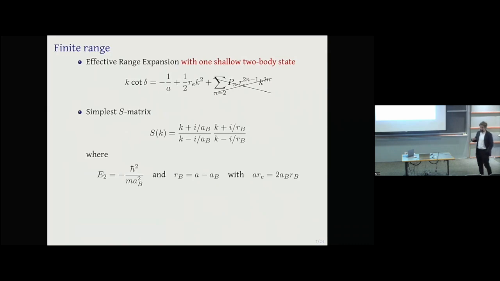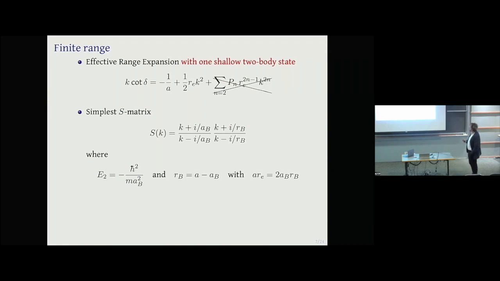This gives, in some way, the simplest S matrix. The simplest possible S matrix has 2 poles. There is one pole which is just the bound or virtual two-body state. So AB is another way to write the two-body energy; I can call it the binding length.